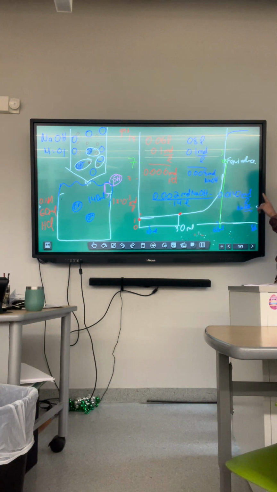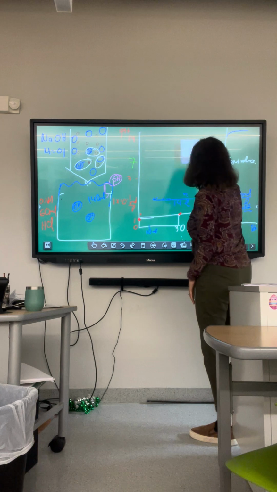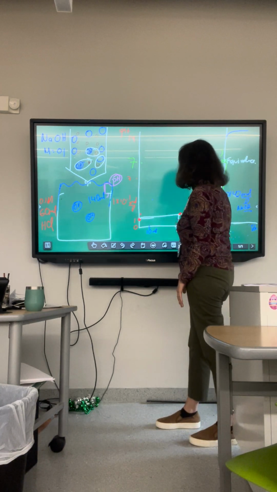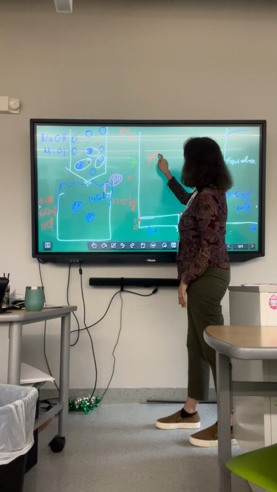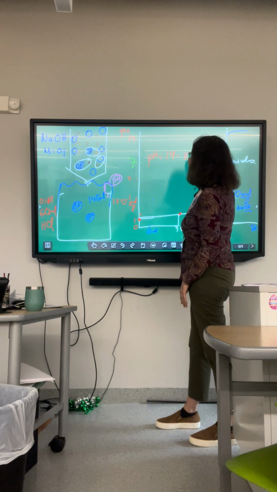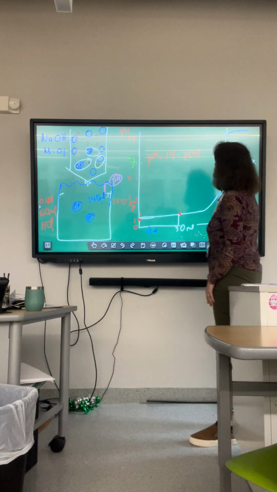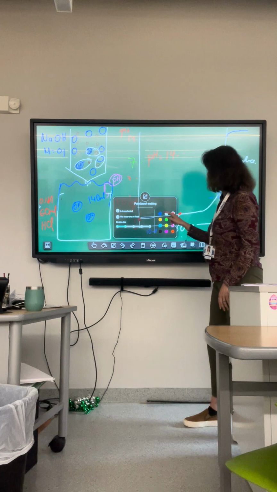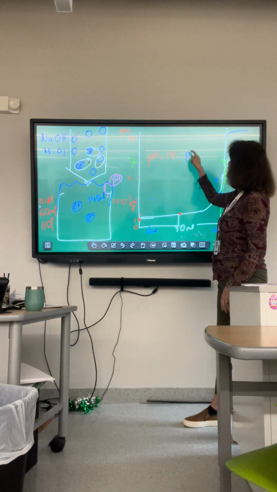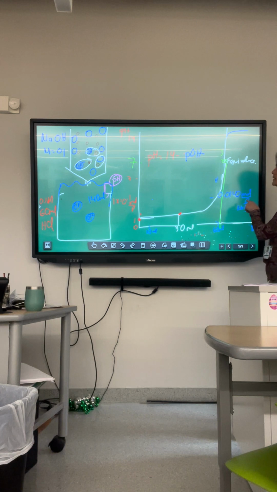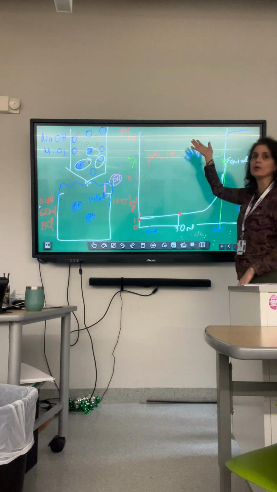So, in order to get the pH, what do we do? You find the pOH and then subtract from 14. 14 minus the pOH. And the pOH is the negative log of that. 14 minus that should give you a high number.